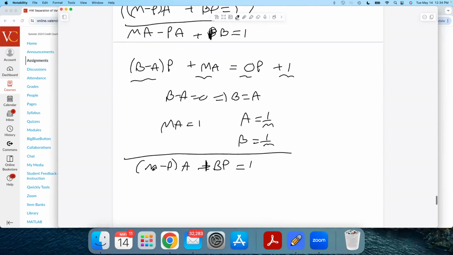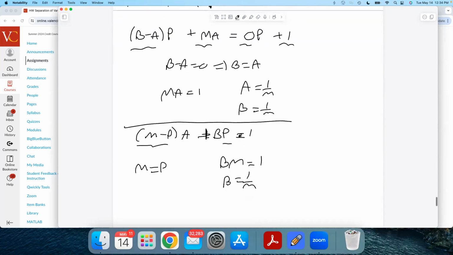I want to pick things that make certain parts 0. These things, I want to make them 0. So I could pick, say, P equals M. Plug that in for all my P values. This part becomes 0. I don't have to worry about A. If P equals M, I get BM equals 1. So B is 1 over M.